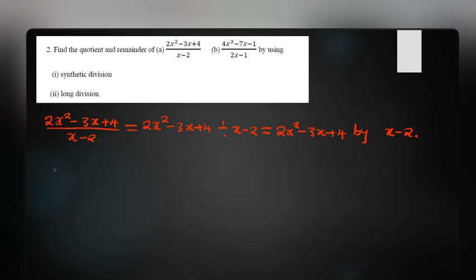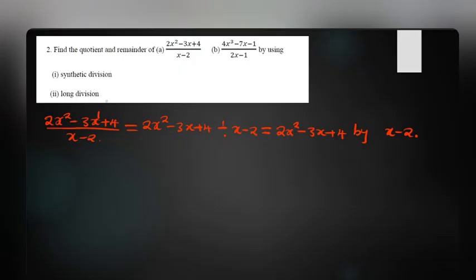For synthetic division, we check for the highest power. The highest power of this function is 2. If the highest power is 2, there should be no power missing in between. So from 2 you move to 1 as the power, then a constant which has the power 0.